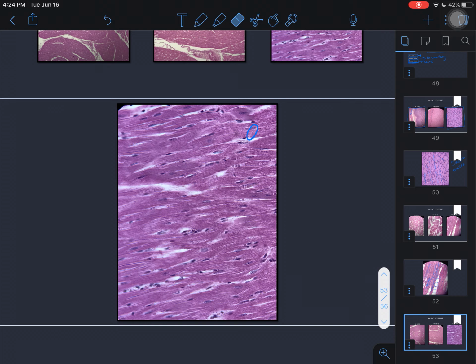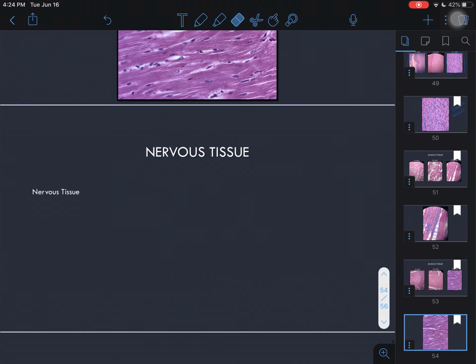That is your disc. All of your cardiac muscle will have those. There's another one right there. Once you start looking for them and you know what you're looking for, they're usually easier to find. But not always. So those are your discs.